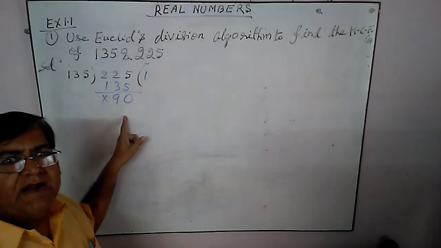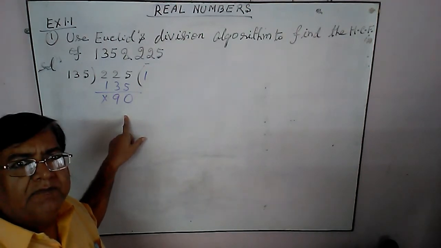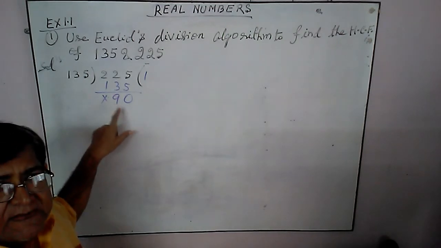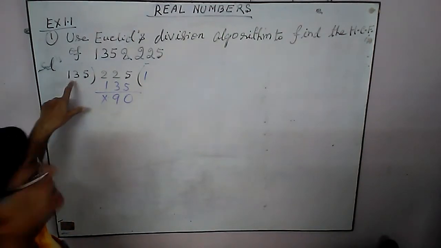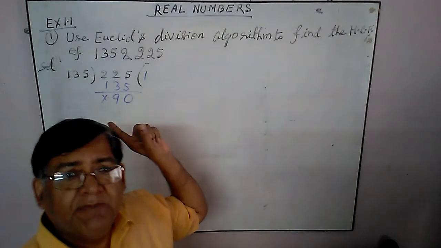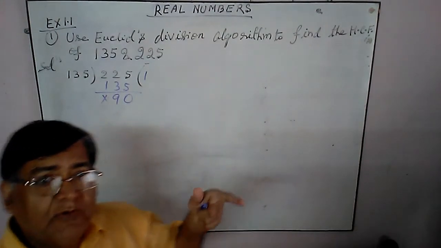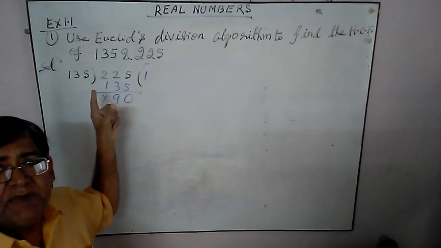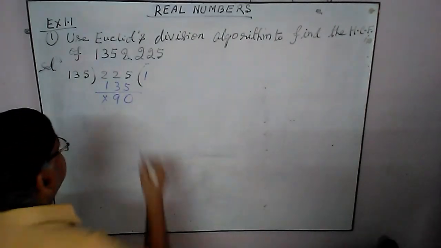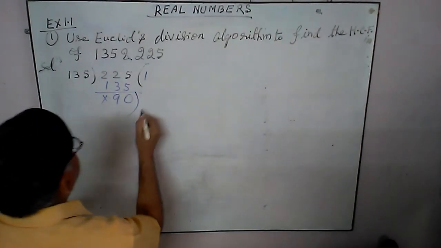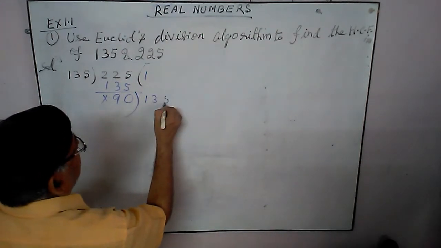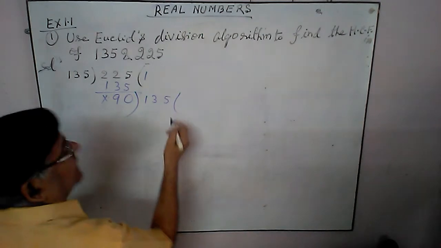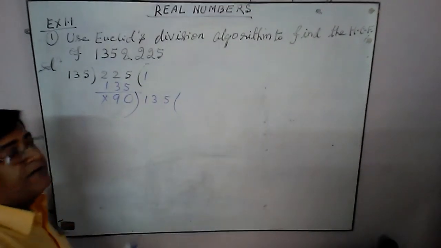So this remainder will now become the new divisor, and the divisor will become the new dividend. So the remainder becomes the new divisor and the divisor becomes the new dividend. Here you will write 135. Now divide it again: 1 times 90, 90.